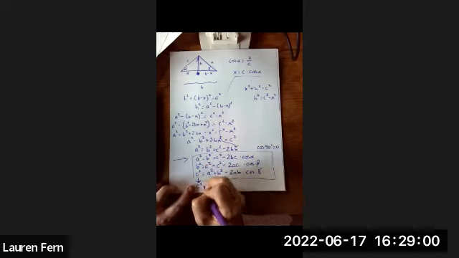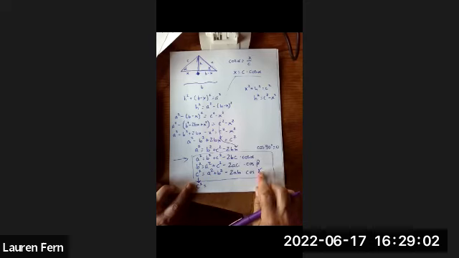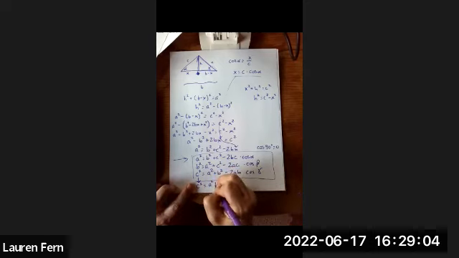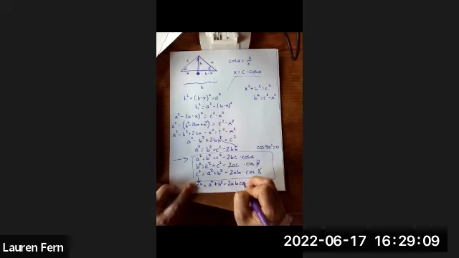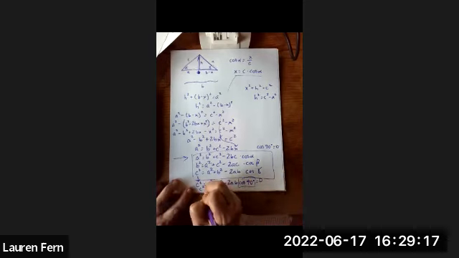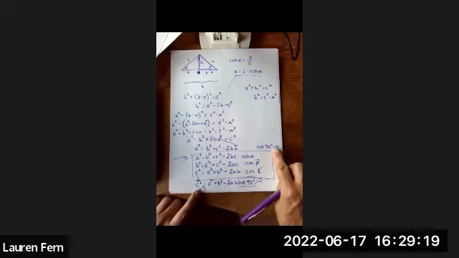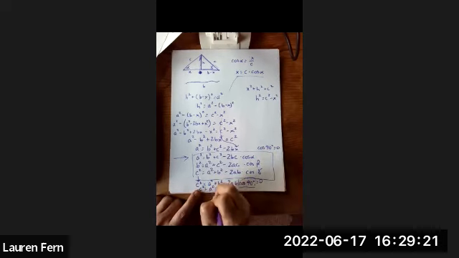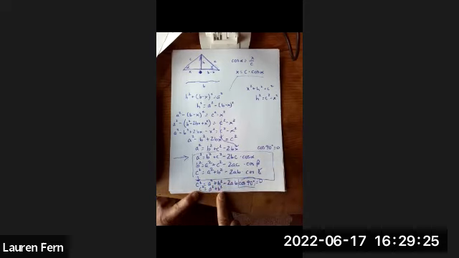If I say my angle gamma is 90 degrees, I have a squared plus b squared minus 2ab times the cosine of 90. But what is the cosine of 90? That's equal to 0. So notice, if I do have a right triangle, I'm simply left with my Pythagorean theorem.